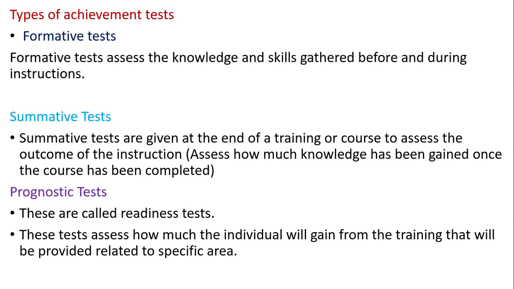Then they are formative tests. Summative test means they are given at the end of a training course or end of a term, right? End of a certain period like GC O level, GC A level. So then we need to know how much knowledge they have gained after completing the course. O levels and A levels are also the same.